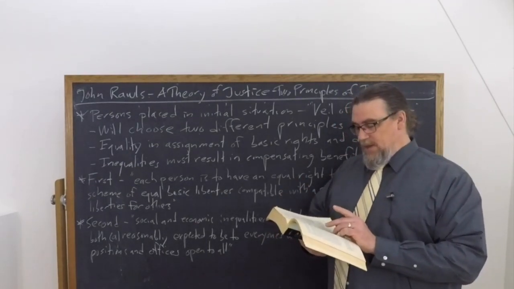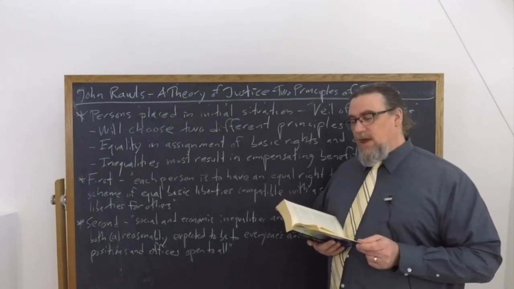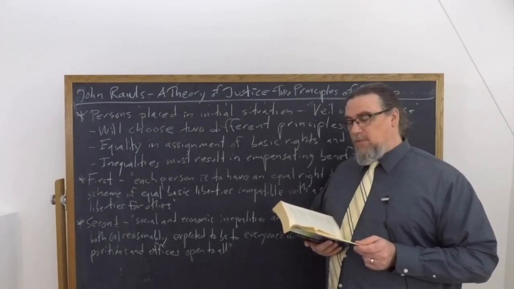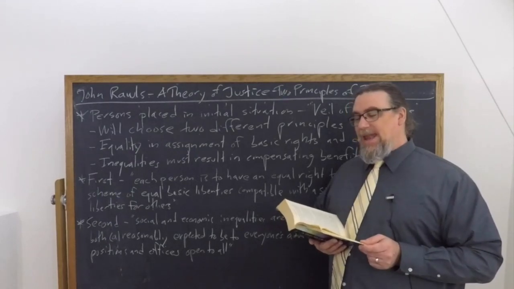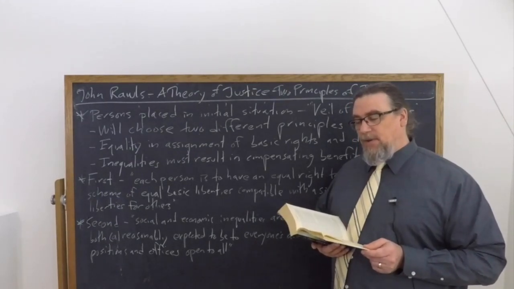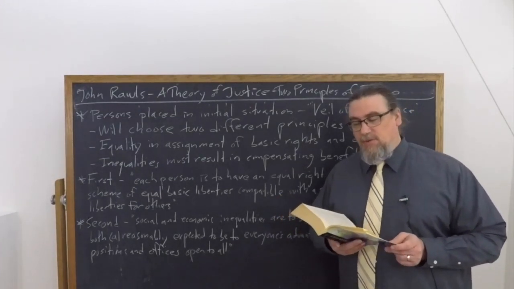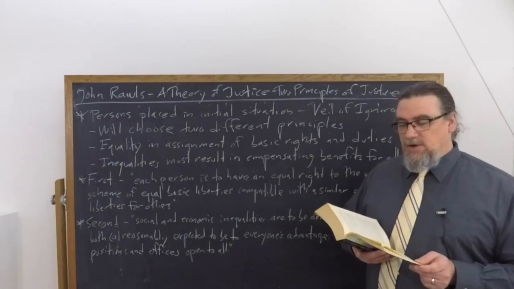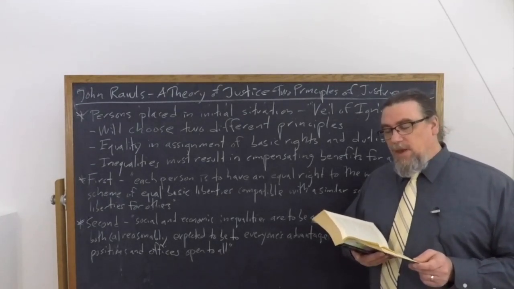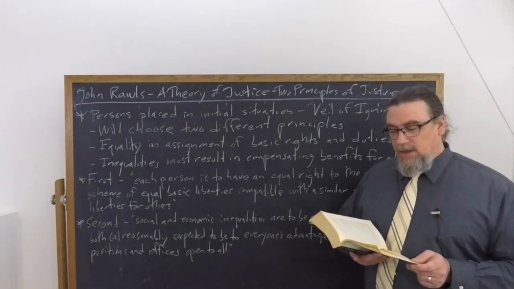As he goes on, he says that infringements of the basic equal liberties protected by the first principle cannot be justified or compensated for by the greater social and economic advantages. These liberties have a central range of application in which they can be limited and compromised only when they conflict with other basic liberties.